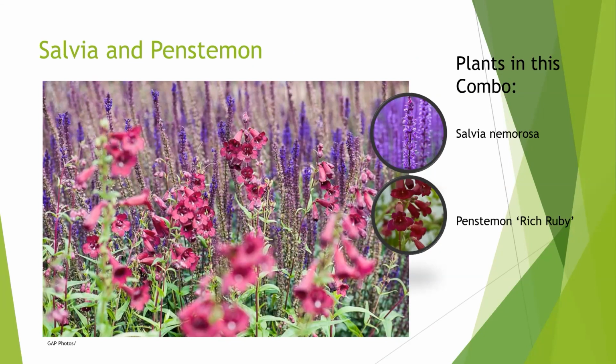And so you can either complement that with other flowers that are growing in spikes, like this penstemon, or you can have something like a rudbeckia, black-eyed Susan, that has a really nice big daisy-like flower to contrast that shape and texture. But this works really well. The colors go well together. The plants have similar water needs, and the penstemon helps to soften up the look of that salvia.